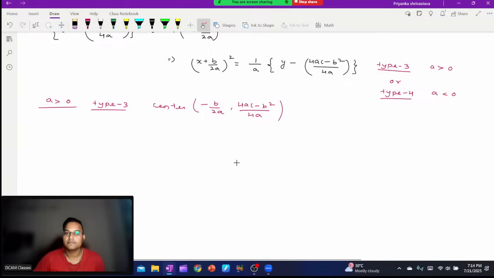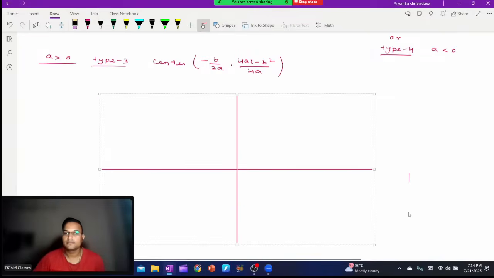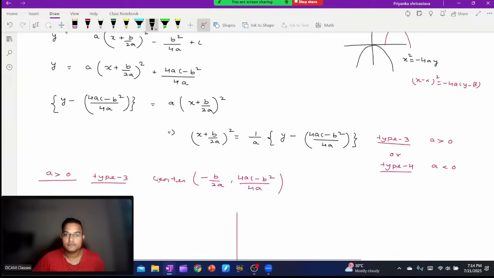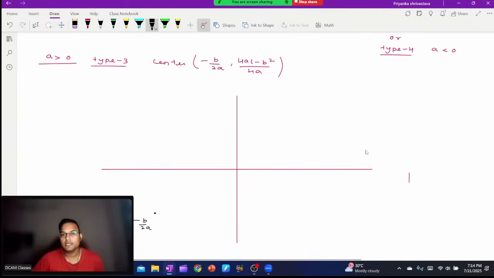Let's draw it. Center, just plot the center. Let's say here, minus b by 2a, and let's say 4ac minus b square is less than 0. In that case, this will be negative.